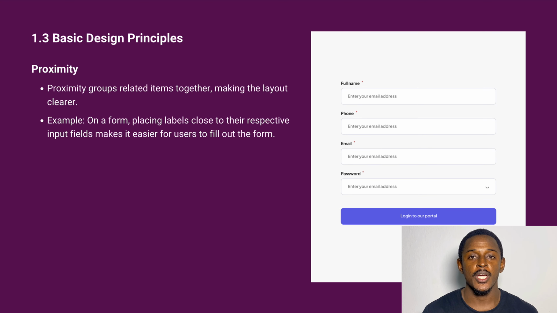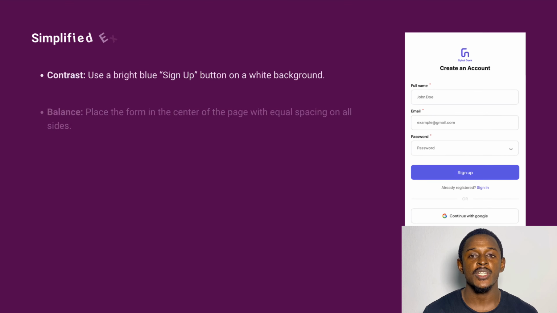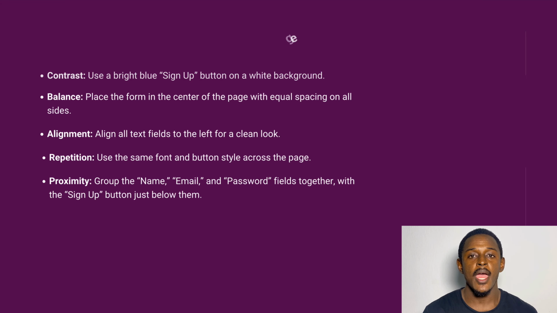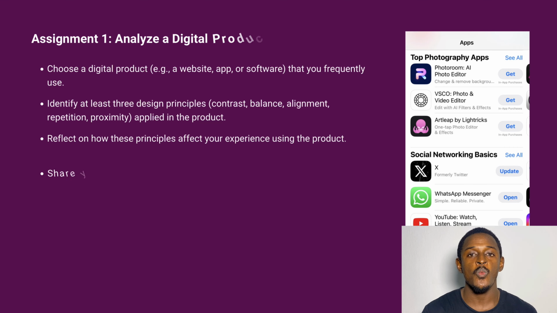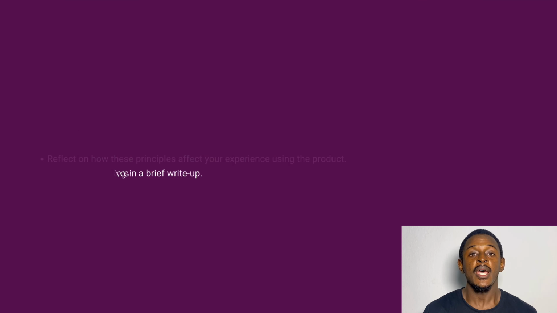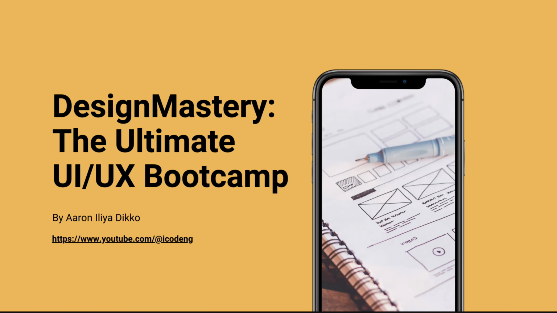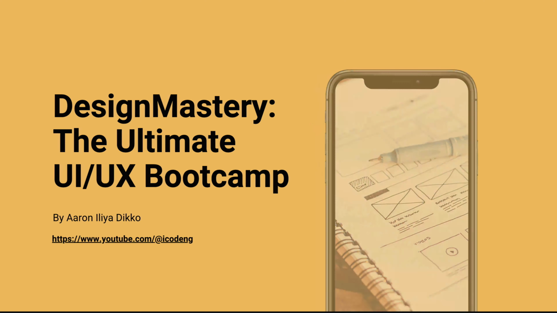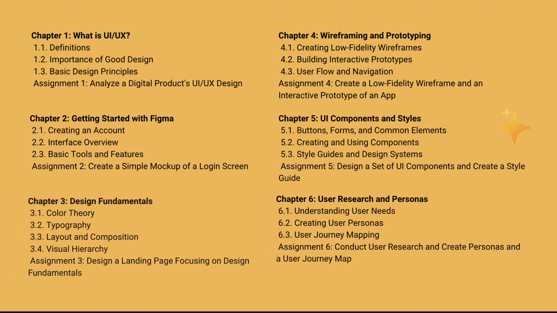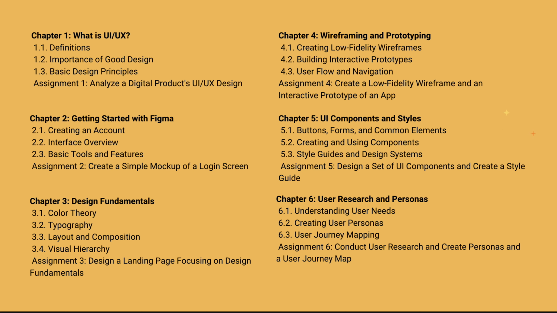By the end of this bootcamp, you will have a solid foundation in UI/UX design and be ready to take on real-world projects. This is your stepping stone to building a successful career as a UI/UX designer. This bootcamp is divided into 10 chapters, covering everything you need to build a solid foundation as a UI/UX designer.